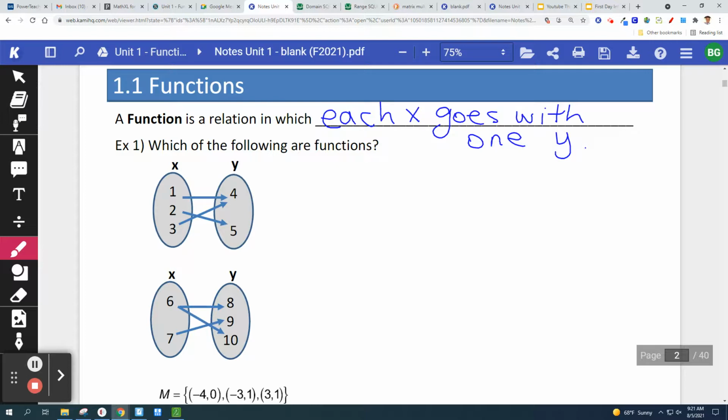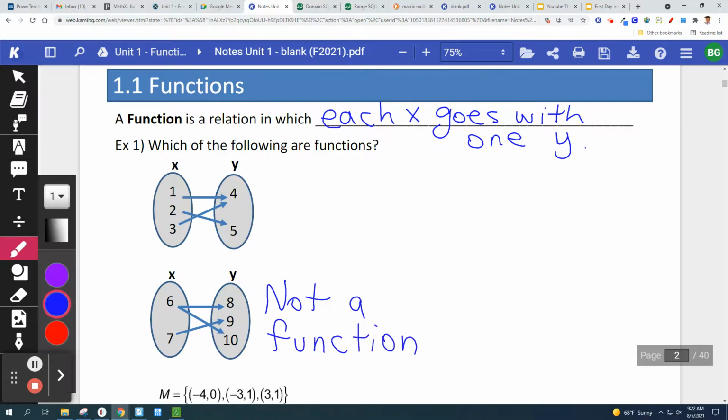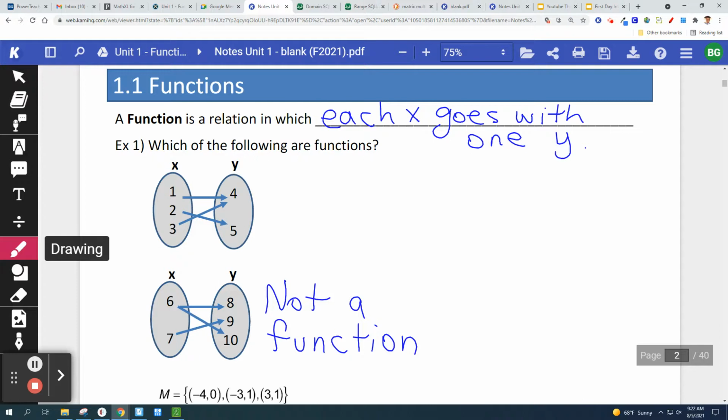I think that the first example illustrates it pretty well. All right. The second one is not a function, and you can tell because this specific x splits and goes to two different y values. The definition says each x has to go to exactly one y.